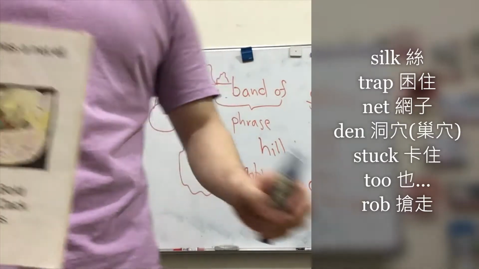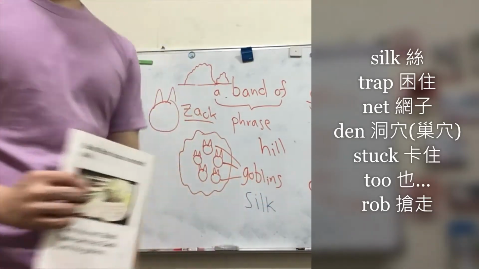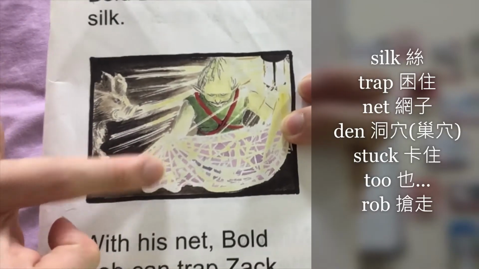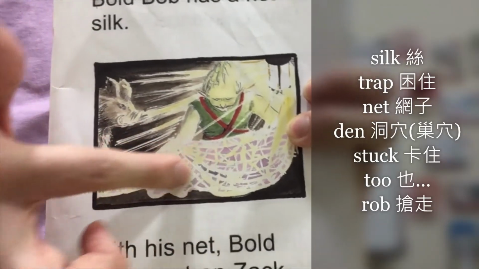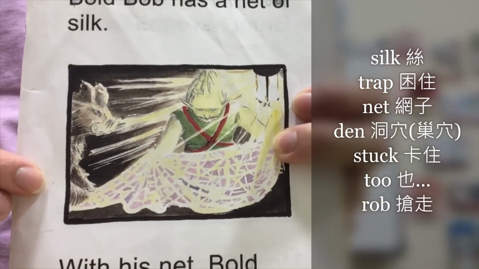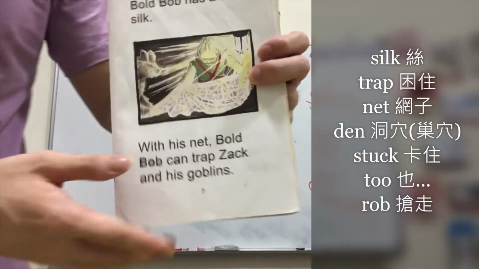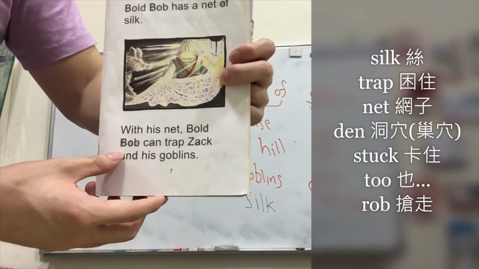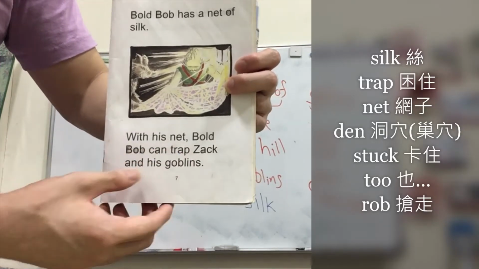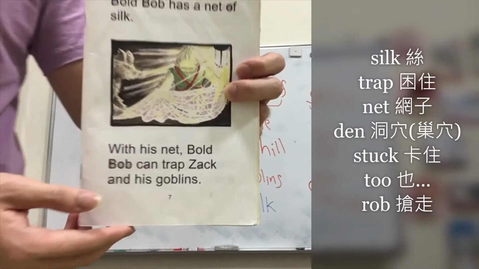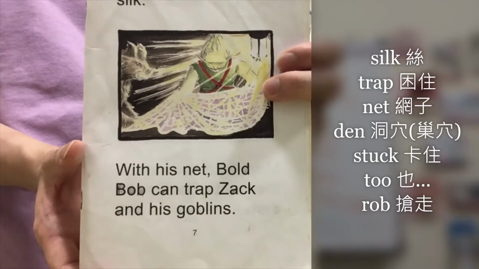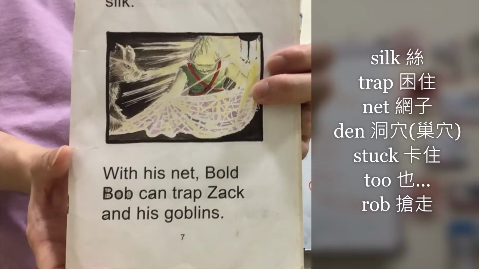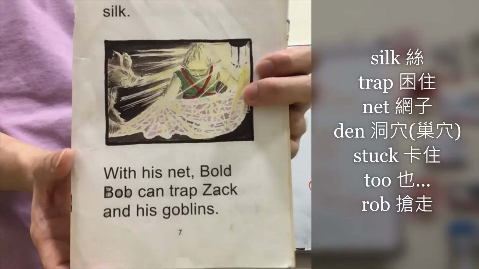Here, silk, as you can see, is this one. This is your silk. So with his net, Bold Bob can trap Zack and his goblins.